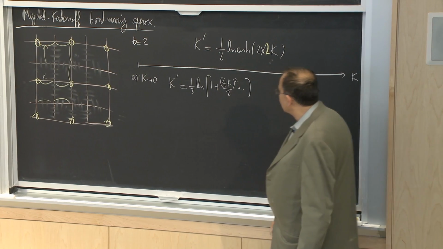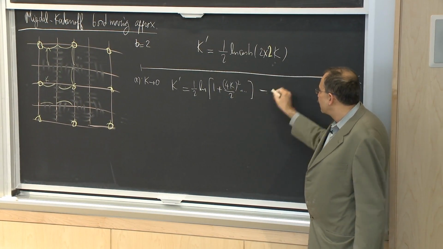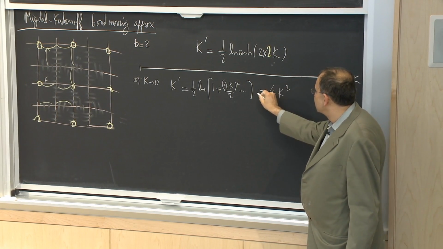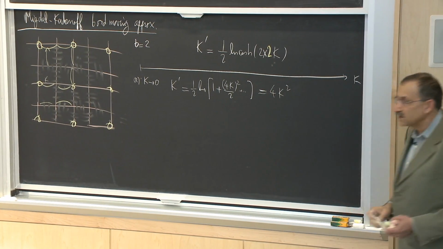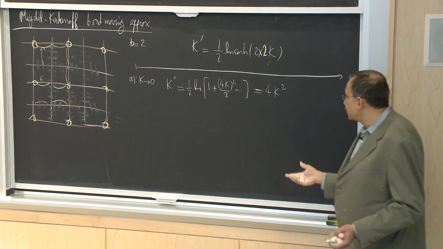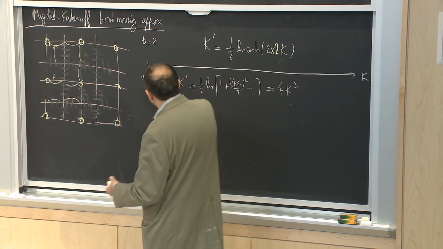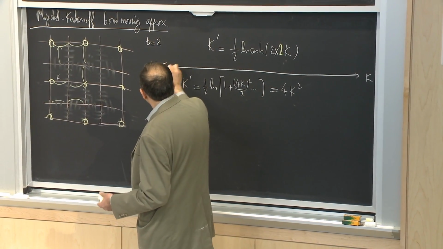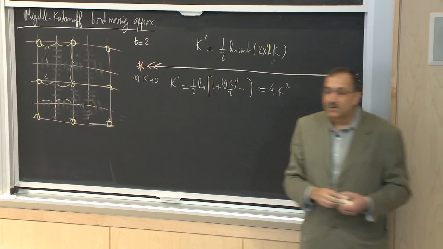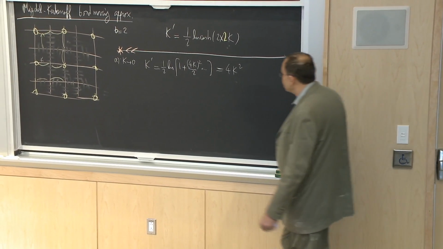And taking the log of that, it becomes 4k squared. The factor of 4 does not really matter. If k is very small, like 1 over 100, k squared would be 10 to the minus 4. So basically, you certainly have the expected behavior of becoming disordered if you have a weak interaction.